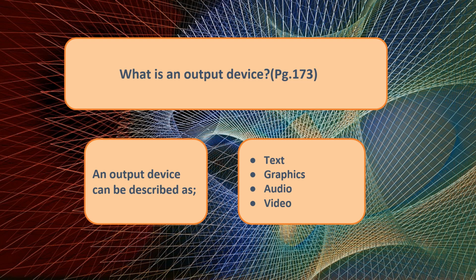An output device can be described as numerous things, especially if your computer has a lot of different components in it. For computers, normally the output is described as text, graphics, audio, and video.